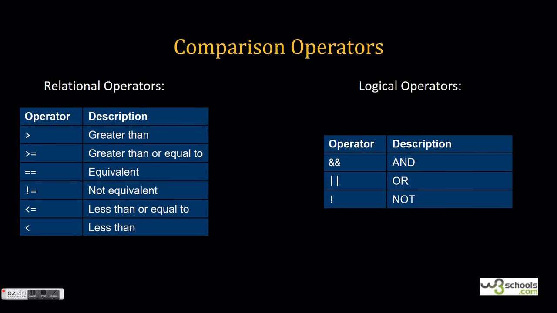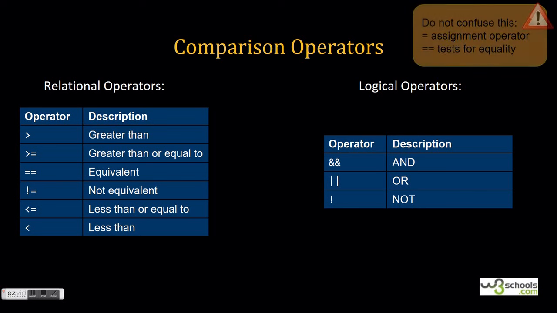The first operator is the greater than. You want to check if the variable on the left is greater than the variable on the right. And then the next one checks if the variable on the left is greater or equal to the variable on the right. Then the next one tests for equivalence. Are they the same? Now, if you notice here, you have an equal sign.